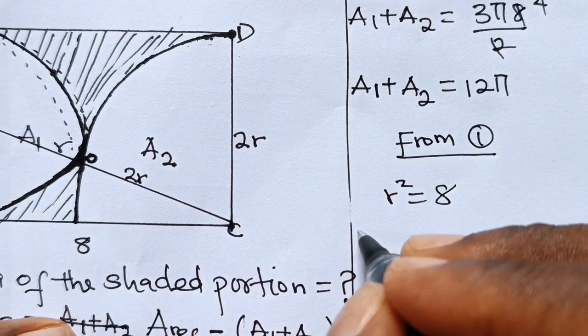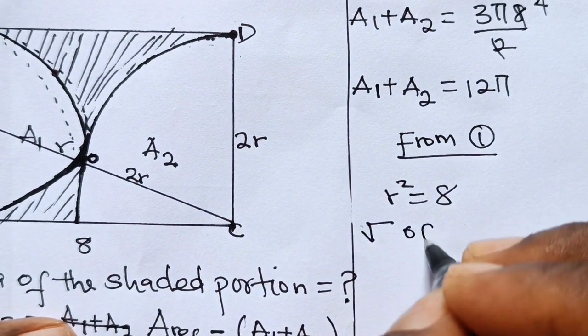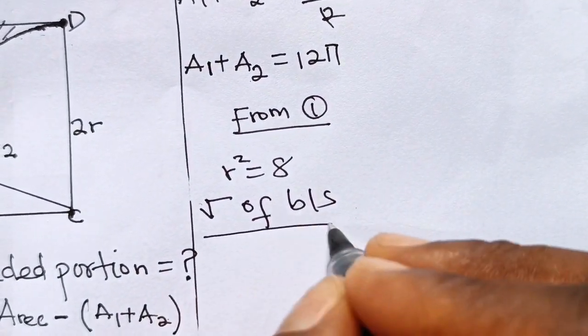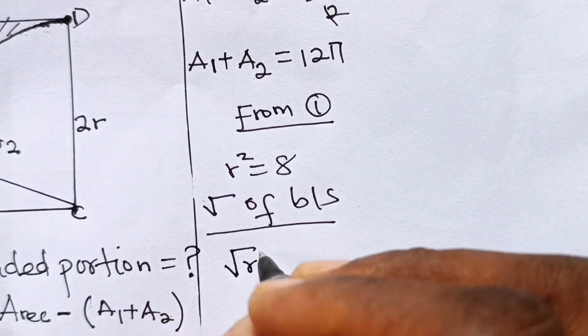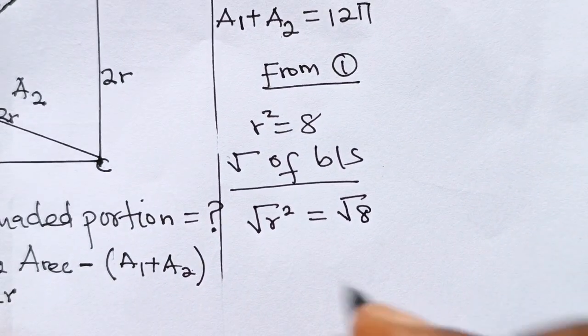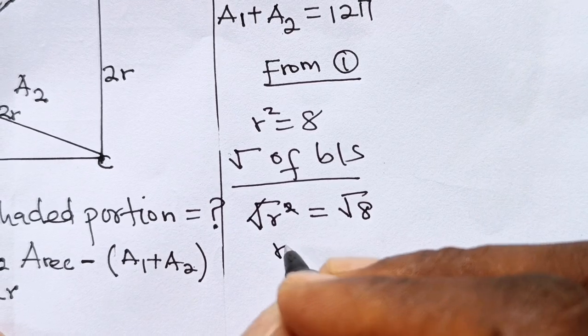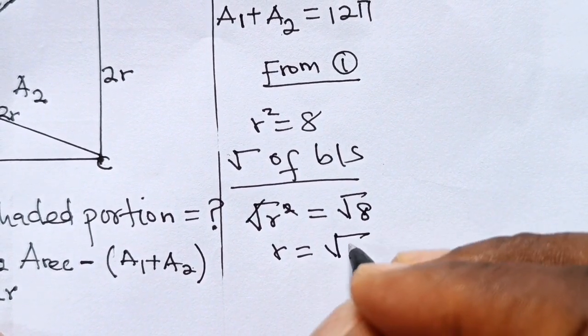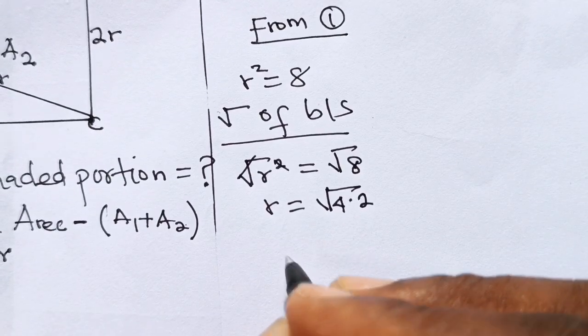So it means that if we take the square root of both sides, we have the square root of r squared is equal to the square root of 8. So when this removes this, we have r is equal to the square root of 8, which is the same thing as 4 multiplied by 2.